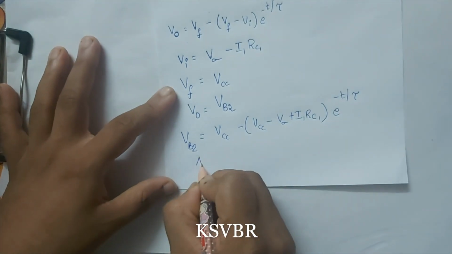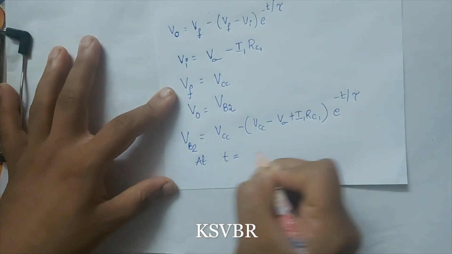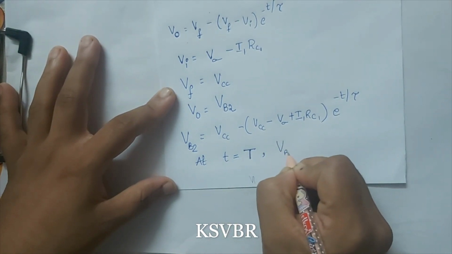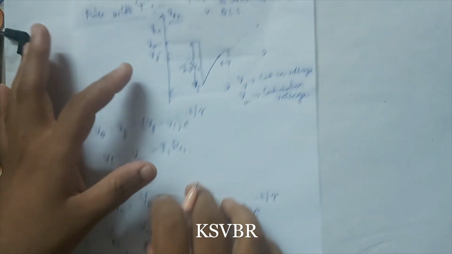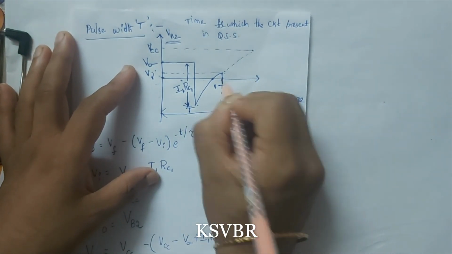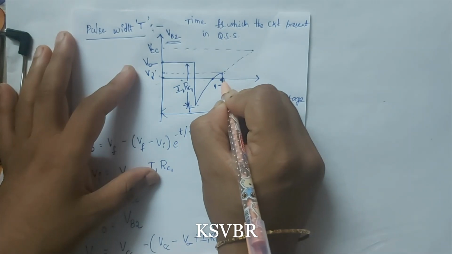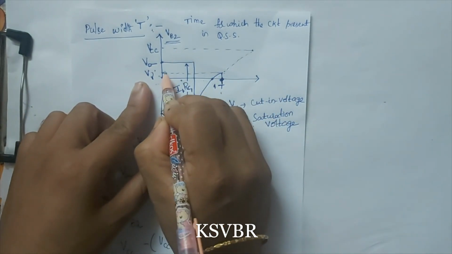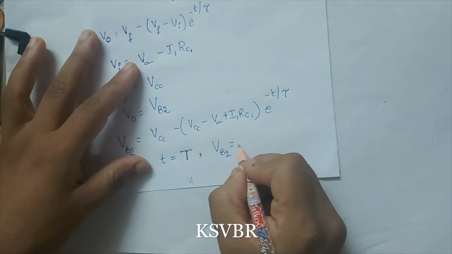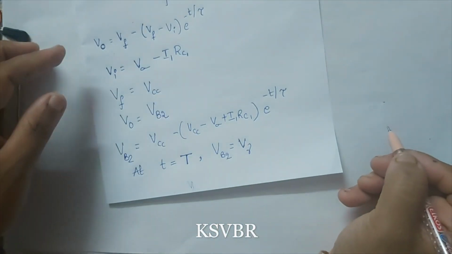Okay, and at small t is equal to pulse width T. What about V gamma? From the graph, see here, at t is equal to capital T. Okay, this is the instant. What about VB2? VB2 is equal to V gamma. Okay, so we are going to substitute VB2 is equal to V gamma here.